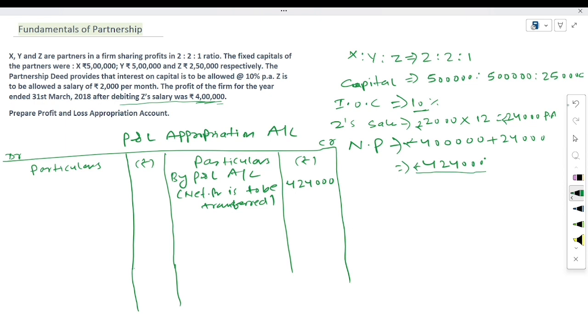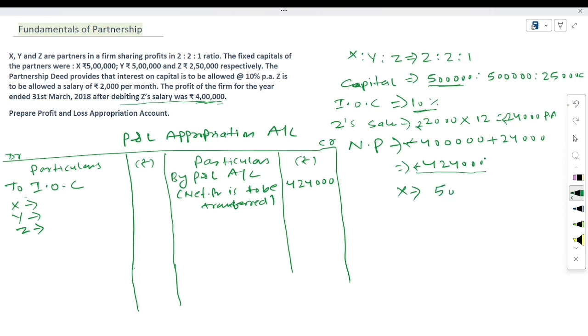Now what we have to do? First of all, we will calculate the interest on capital because we will have to provide 10% interest on capital to each partner. So we will write here: to interest on capital, X capital, Y capital and Z capital. What will be X's interest on capital?